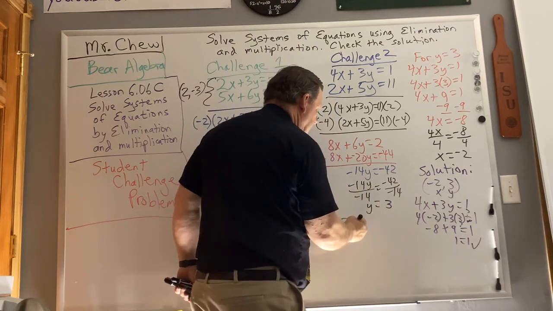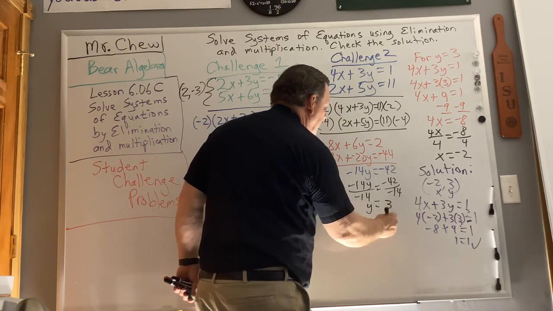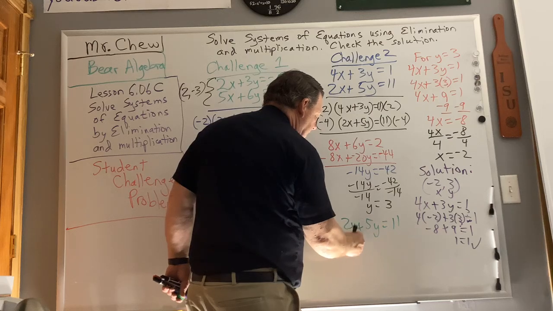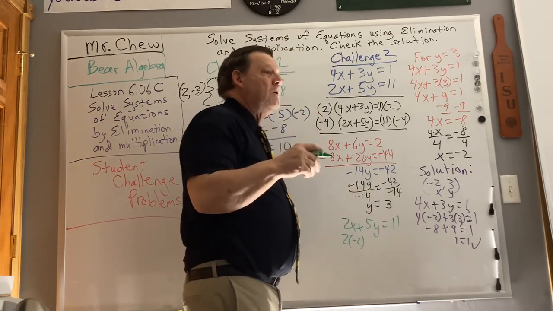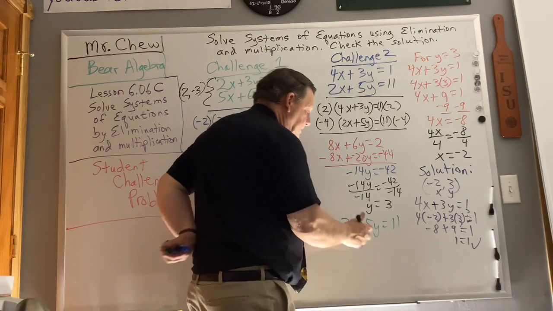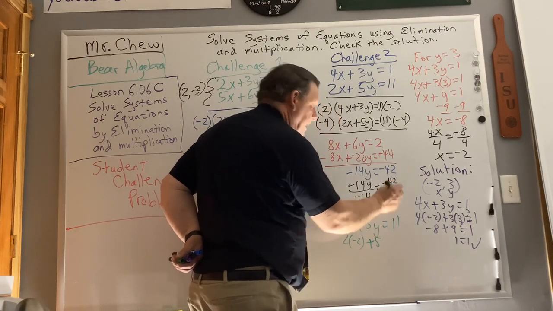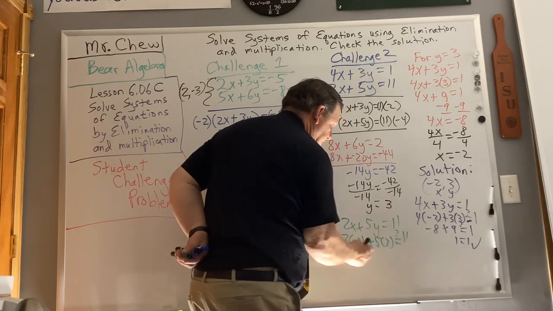So I have to take my 2x plus my 5y, which is my second line, equals 11, and substitute it in. That's why in all of your earlier algebra work, you always need to be able to substitute to check it, because you have to do it here. My y is 3. Is it 11?